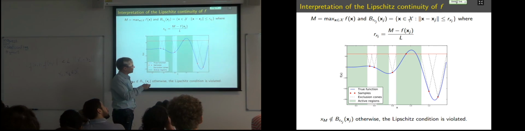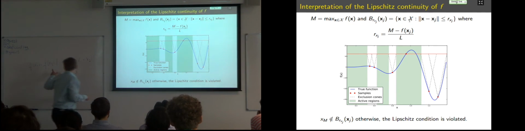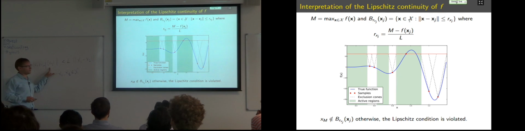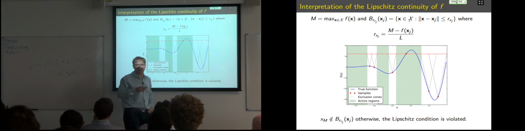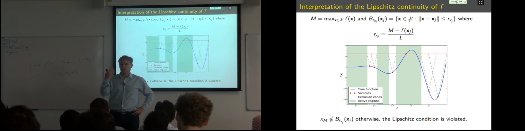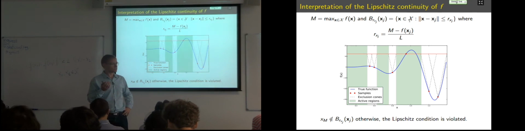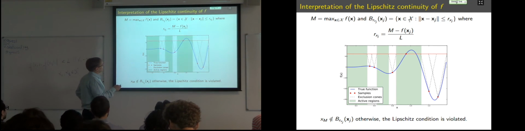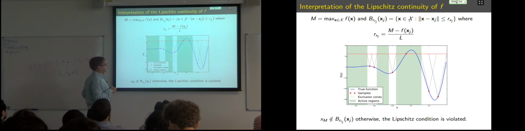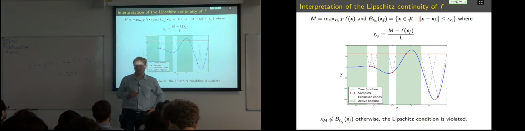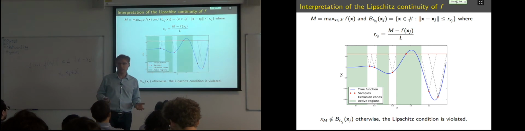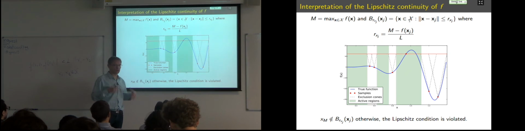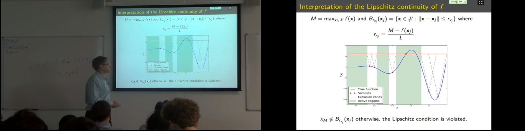Whenever I evaluate the function at a point, because the Lipschitz constant is bounding the change that I allow in my function, this is creating these cones that define exclusion zones where I know the maximum of the function doesn't belong, right? So this is the idea. Let's use these to define exclusion zones where we know that we don't have to collect points, and let's use this idea to create the batch that we want for our optimization.